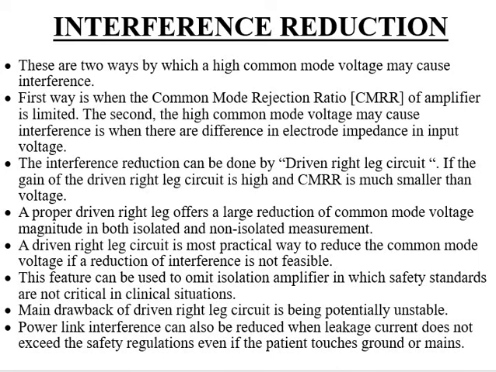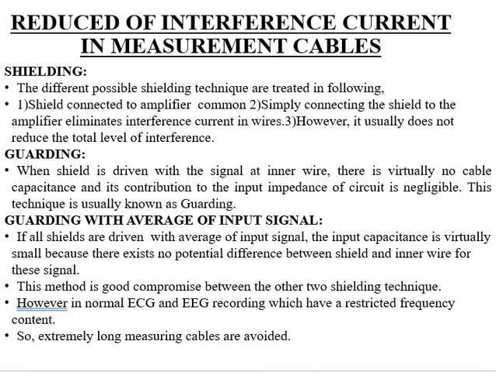The next one we are going to look at is the reduction of interference current in the measurement cable. Current through the body and current through the amplifier can both be reduced by providing proper grounding from the body to the earth.